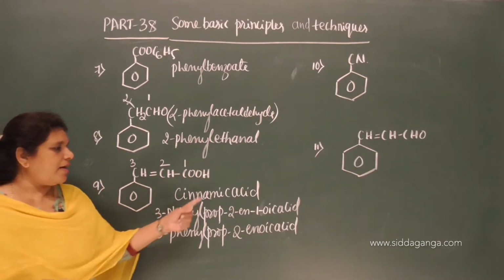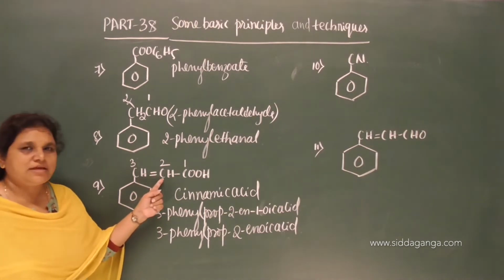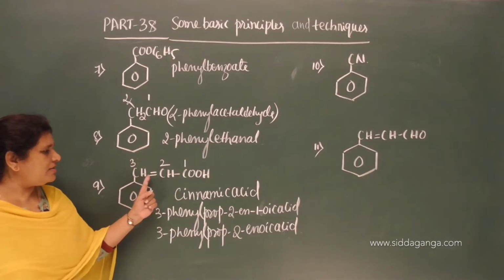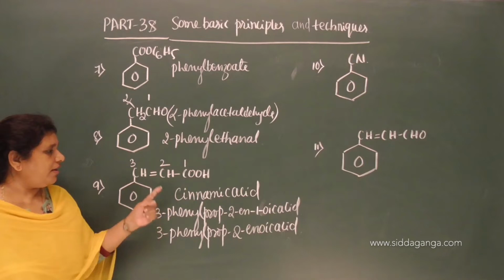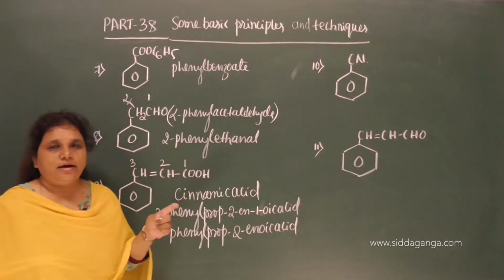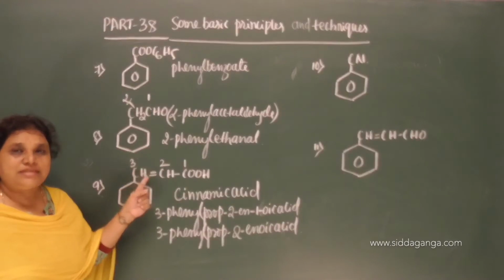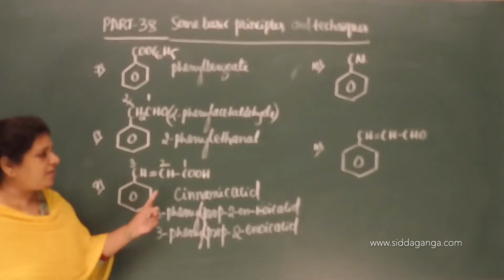And this cinnamic acid is alpha beta, because this carbon is alpha and this is beta. Alpha beta unsaturated aromatic acid. Between alpha and beta carbon there is a double bond, therefore it is alpha beta unsaturated. A phenyl group is there, therefore it is aromatic.